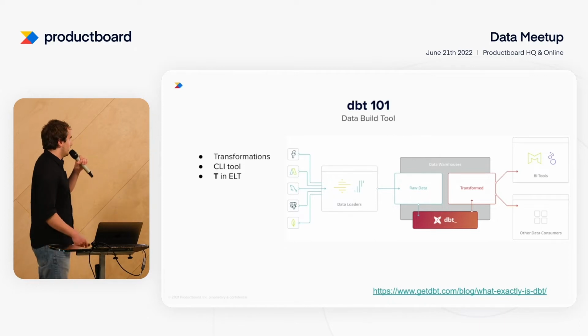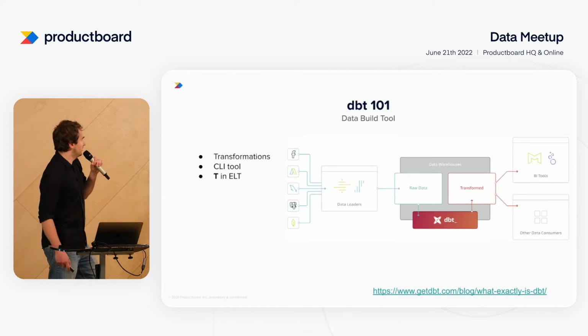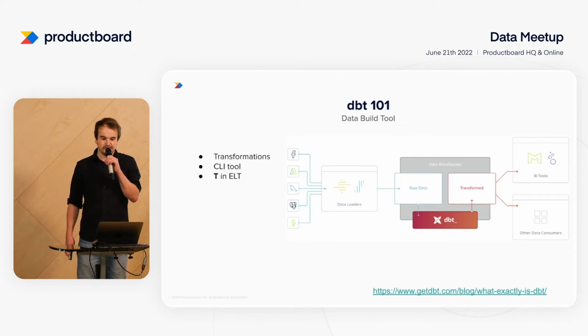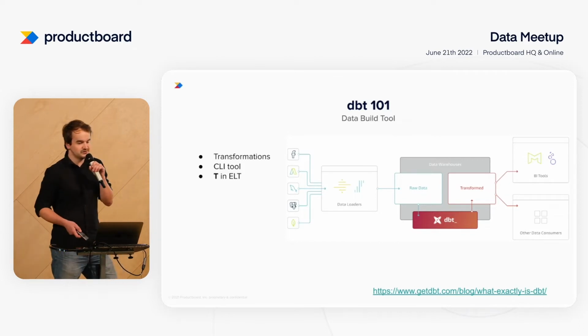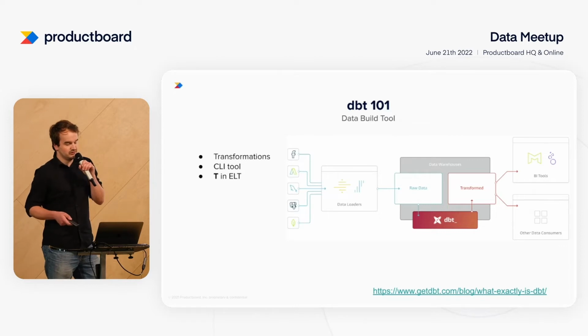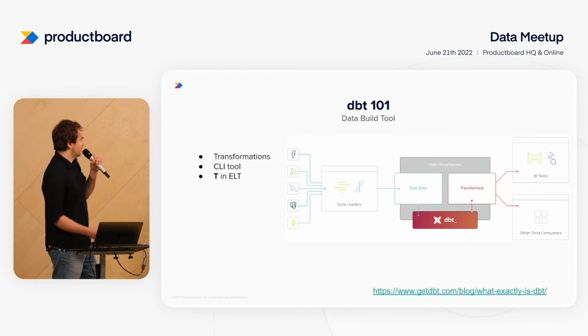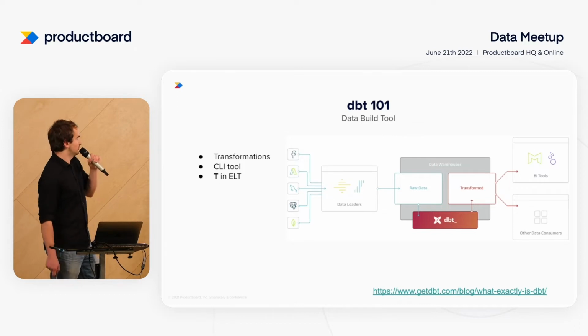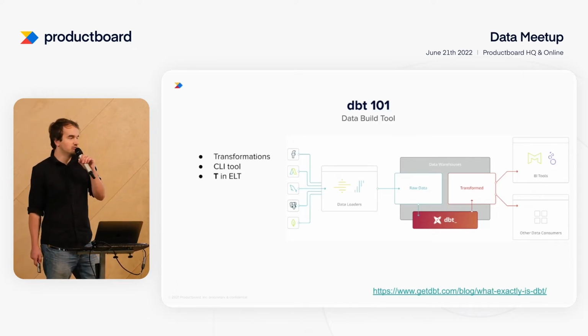So right now, a very quick few things around dbt. dbt, as Cookie mentioned, is the data build tool, and we use that for transformations. It's a CLI tool. Also, it has a web application, web UI. But right now, let's focus only on the transformation. It's the T in ELT, which means extract, load, transform. If you want to load some data into your warehouse, you have to use some other tools.